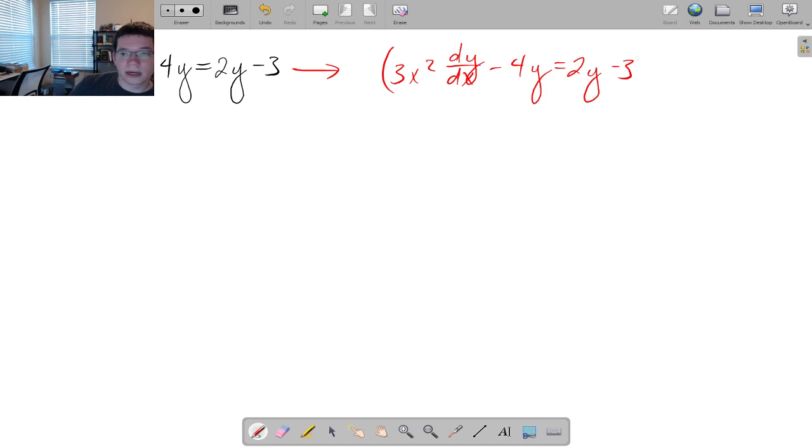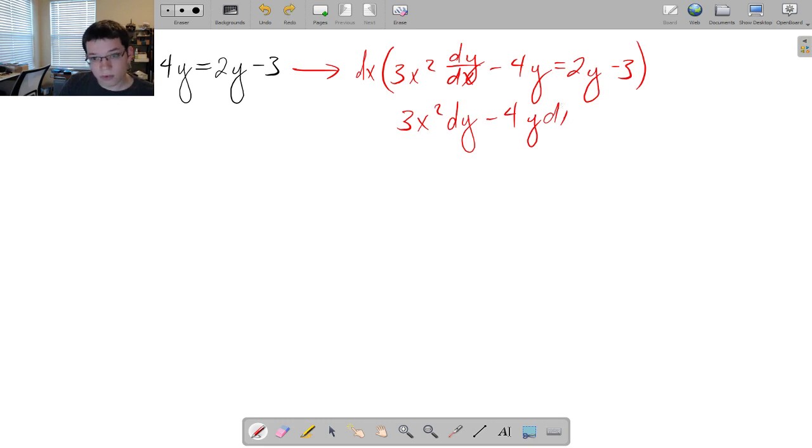So I'm going to multiply by dx. So I've got 3x squared dy minus 4y dx equals 2y dx minus 3 dx. Well, now I've got a whole bunch of dx's and they're multiplied by y's.